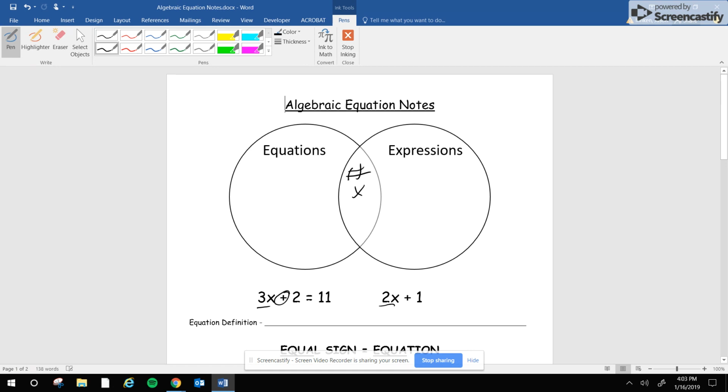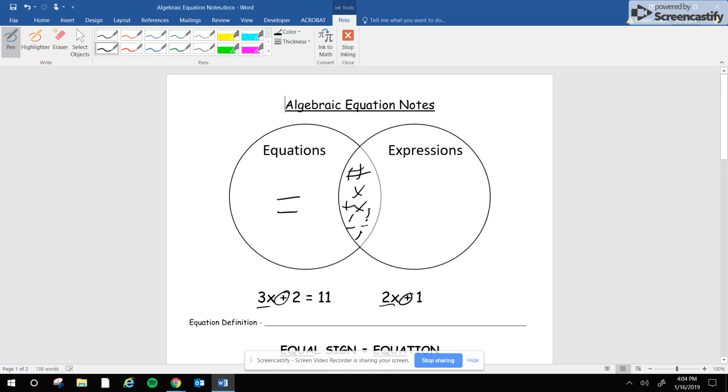If you look here, addition would work, multiplication would work, subtraction would work, and division would work. They both have these. Now, the only thing that equations have that expressions do not have is an equal sign.